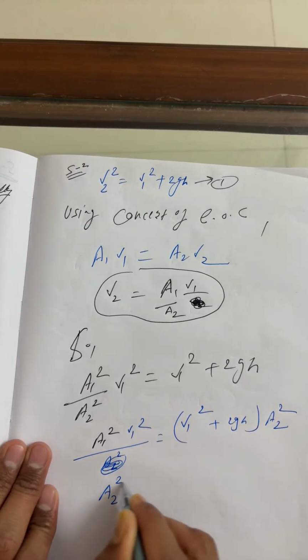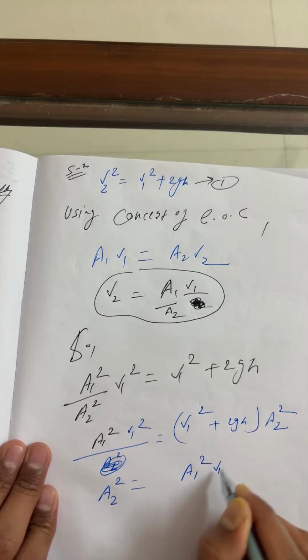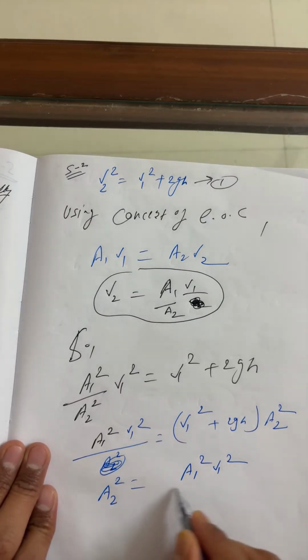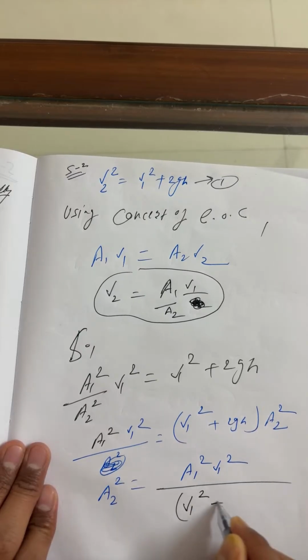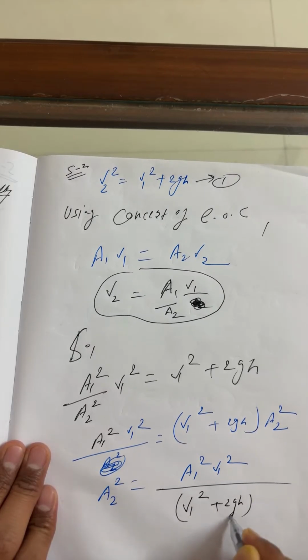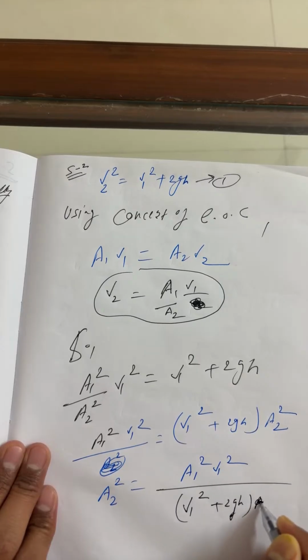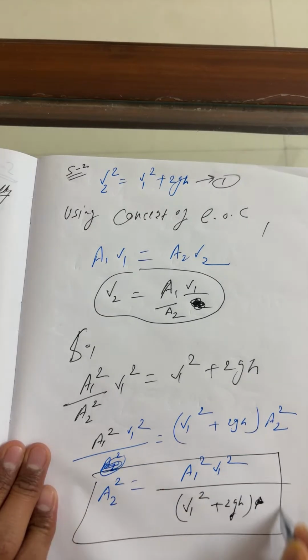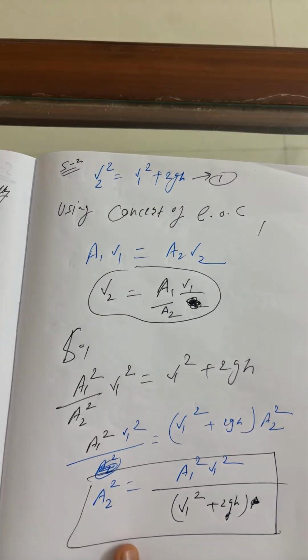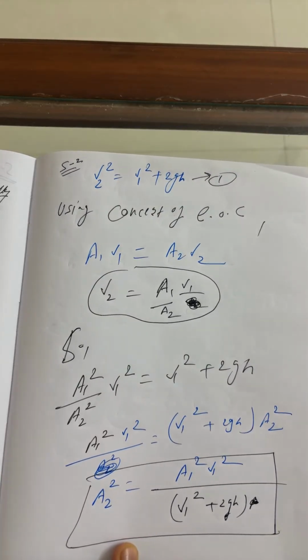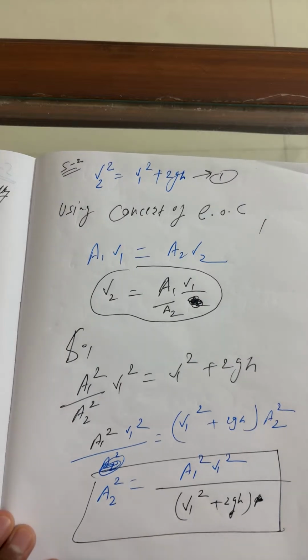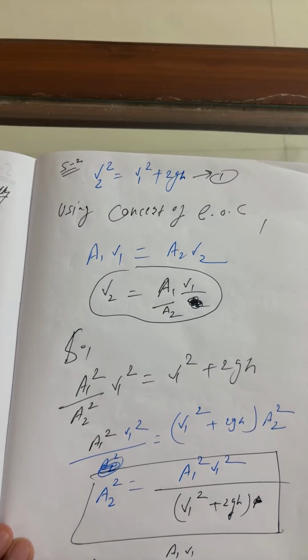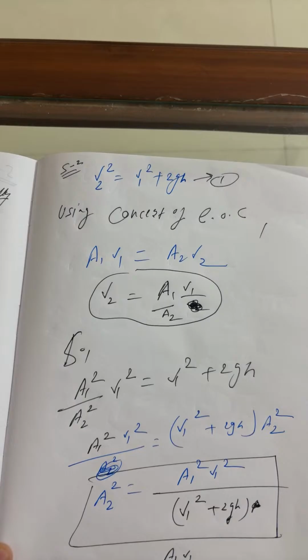So finally you can write A2 squared equals A1 squared V1 squared over V1 squared plus 2gh. Finally you will get your value of A2. Just take a square root on both sides. So A2 equals A1 V1 over the root of V1 squared plus 2gh. Everything further is known to us here.